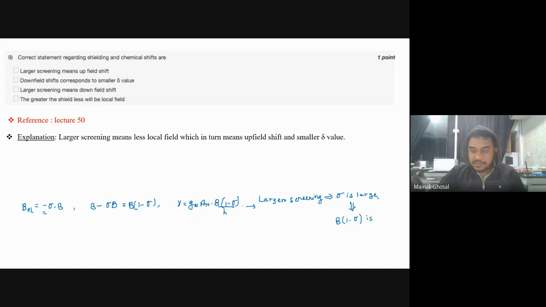It will be small. So the atom will experience less field compared to this one. It will feel a field of B into 1 minus sigma, right? Since it will feel less field, which side will it shift? So it will have an upfield shift, right?